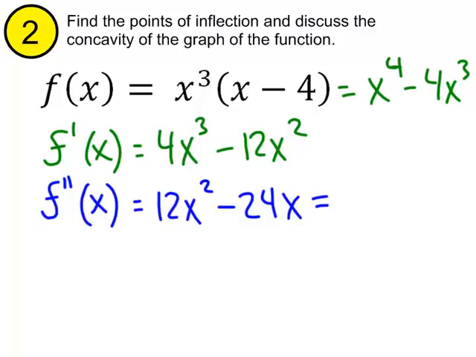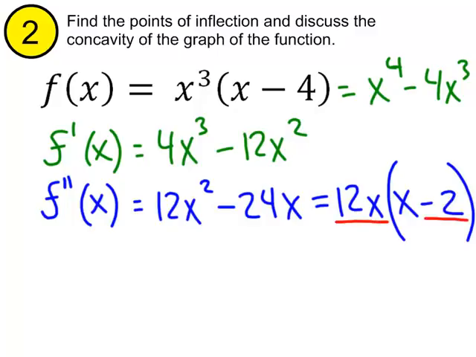Let's factor out the greatest common factor, which in this case is going to be 12x. So 12x on the outside, that means that inside those parentheses I need an x, because 12x times x will give me the 12x squared. And I need a minus 2, because 12x times negative 2 will give me the minus 24x.